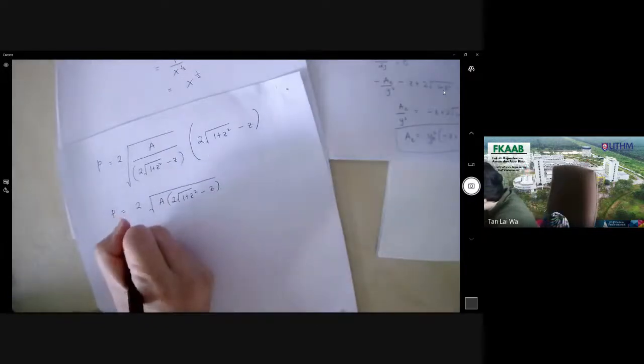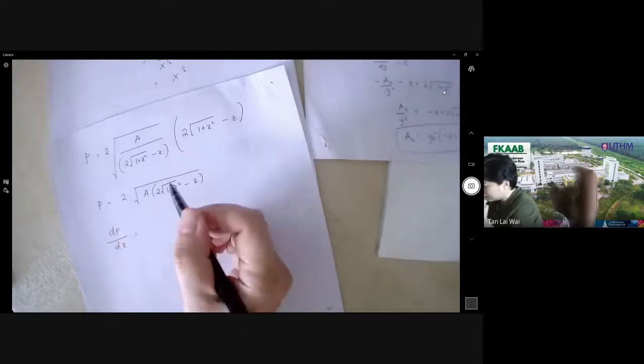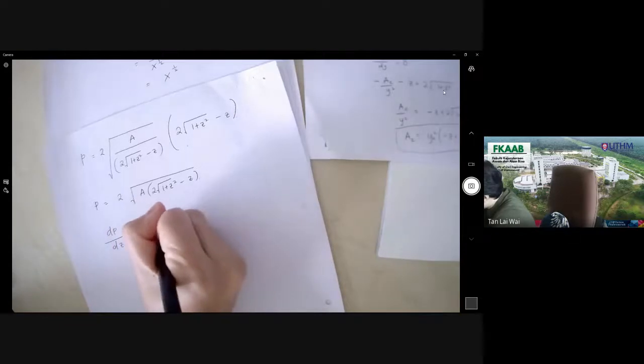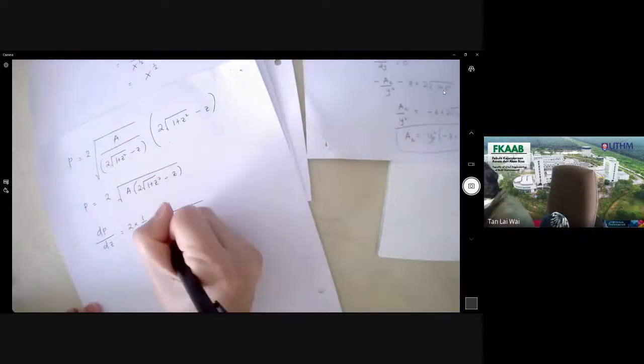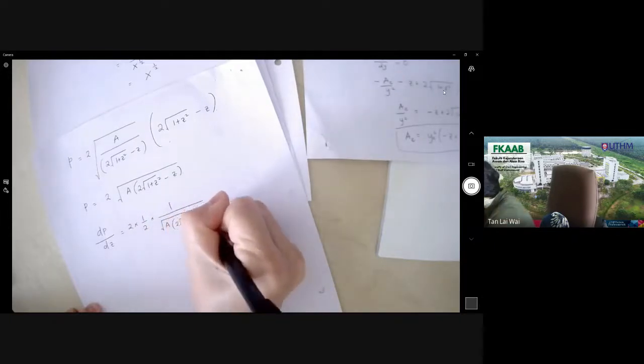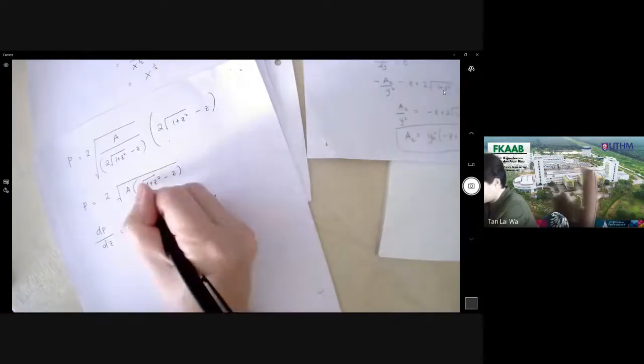Of course, what I'll have here is, I'm going to differentiate this. Again, I'm going to differentiate the internal part. This is the power, half of it. So this becomes 1 over square root. Times, I'm going to differentiate once again, this one.